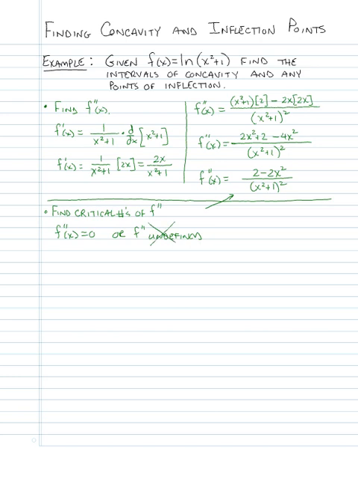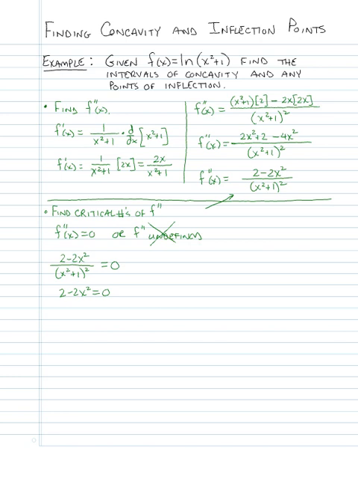Now there is a place where the second derivative could be 0. So what we're looking for is the solution to this equation. Where is the derivative equal to 0? And we've discussed this before, that the only way a fraction can be 0 is if its numerator is 0. So we want to know where 2 minus 2x squared could be 0. That's really what it boils down to.